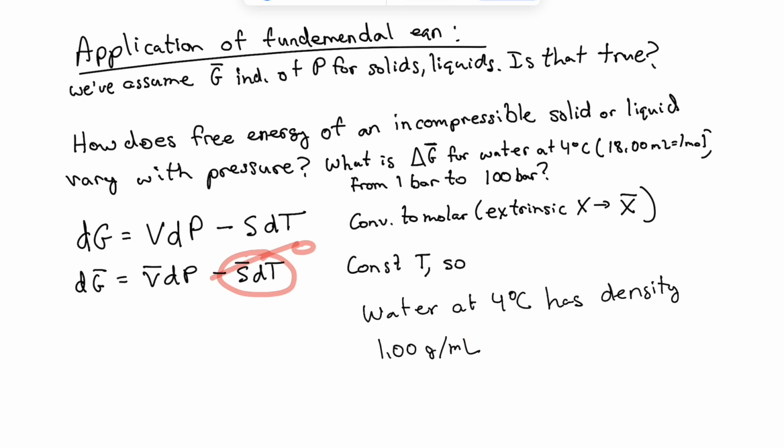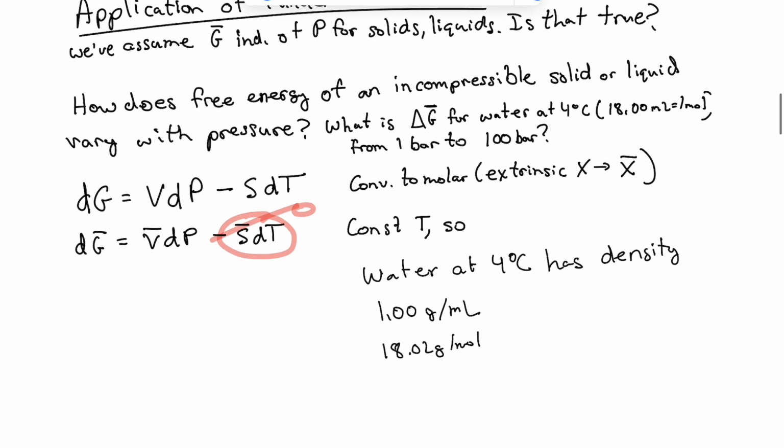Not exactly true, but a pretty good approximation. And again, water's molar mass is 18.02 grams per mole. So if I plug that in, I'm going to get 18.02 milliliters is equal to V bar for H2O under these conditions, which again, now I do need to be careful about my units. I'm going to do that in liters, 0.01802 liters.